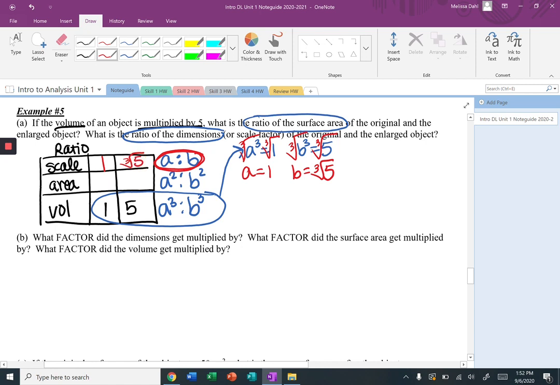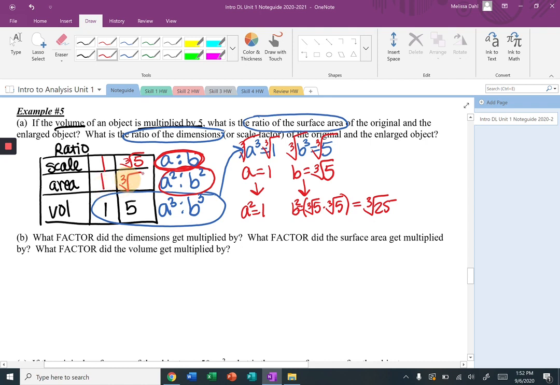Who knows? And then my area ratios are a squared and b squared. So if you know that a is 1, then a squared is still 1. If you know that b is the cube root of 5, then b squared is the cube root of 5 times the cube root of 5, which is the cube root of 25. So we can just write that there.